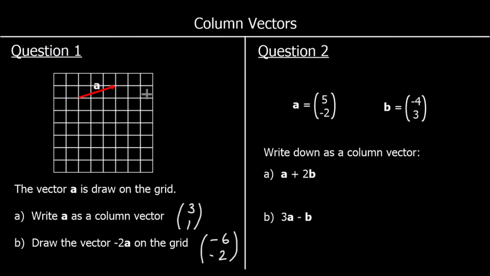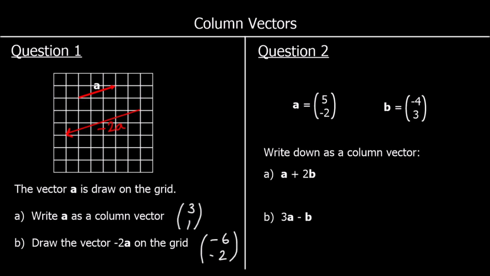So let's draw that on. So 1, 2, 3, 4, 5, 6. 1, 2. So negative 2A goes 6 to the left and 2 down. It's going backwards along 2A.